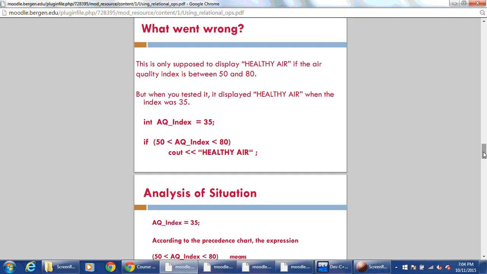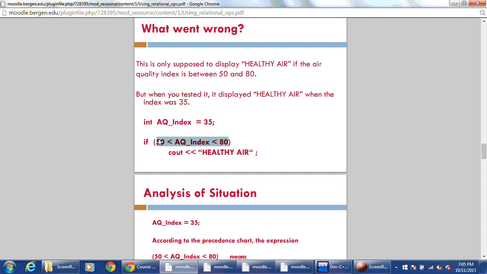Okay. So let's go into something called if statements, which is what I was talking about: changing the direction of execution. And here is a question regarding a problem. What went wrong? This is supposed to display healthy air, right? And this expression, naturally, we don't write C++ expressions this way because we just don't.